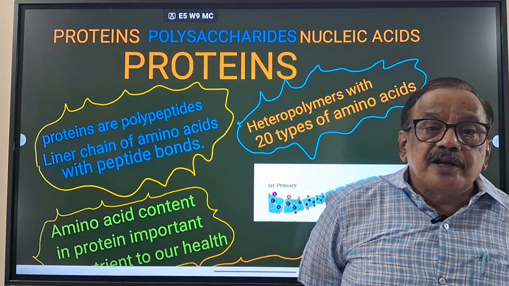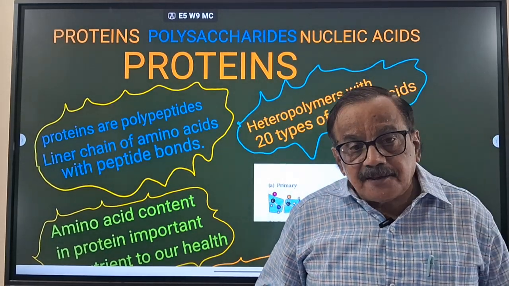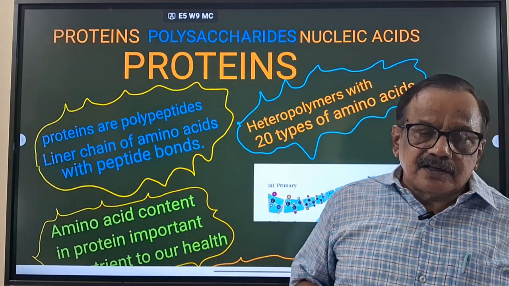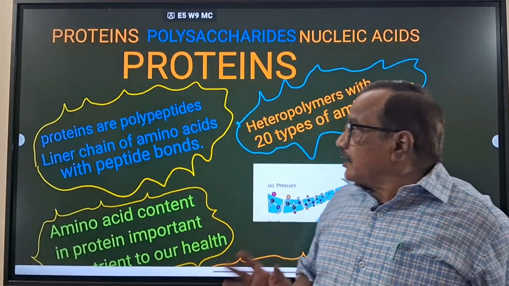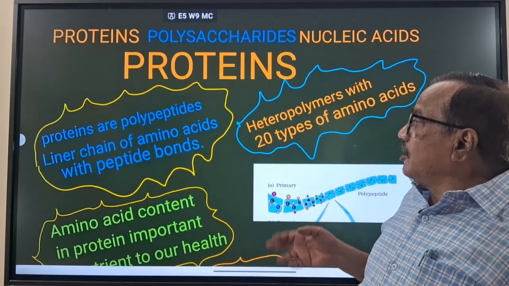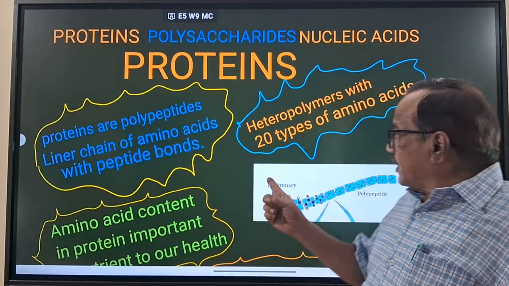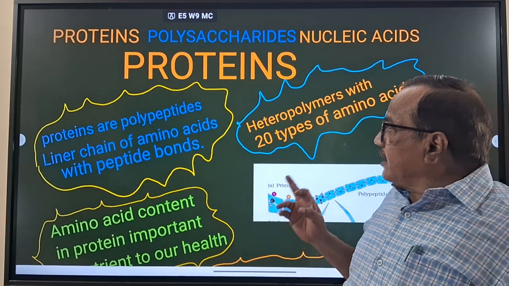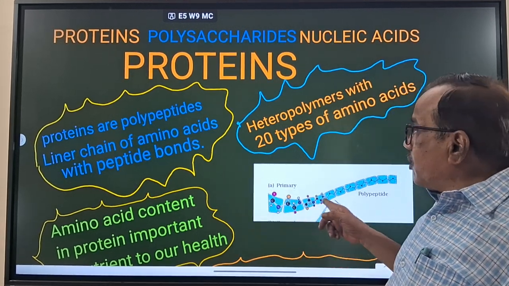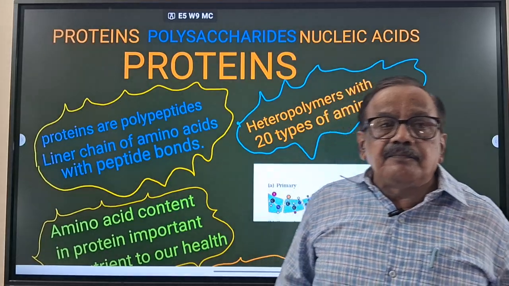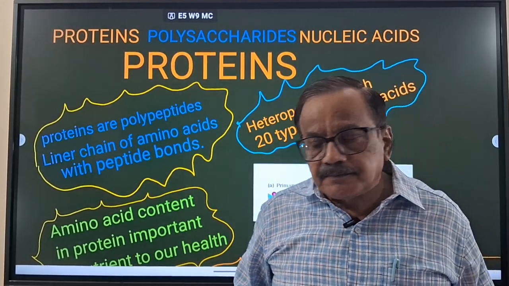So they are called polypeptides. Proteins are polypeptides, arranged in a linear way, and peptide bonds are present between them.